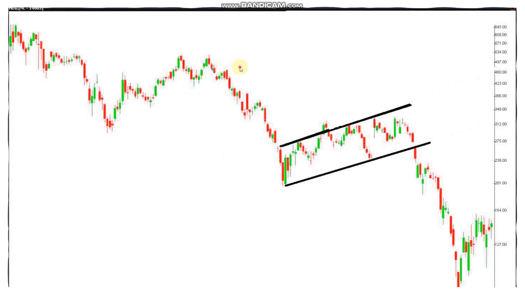Again, after this big giant downward movement, the market consolidated, it formed a flag kind of pattern, and after that when it broke the line, it gave the perfect entry to short the market.